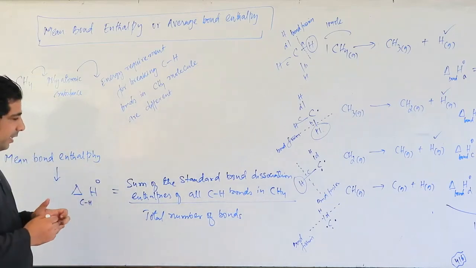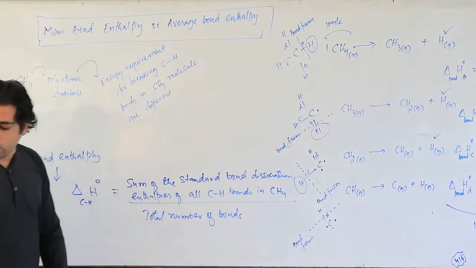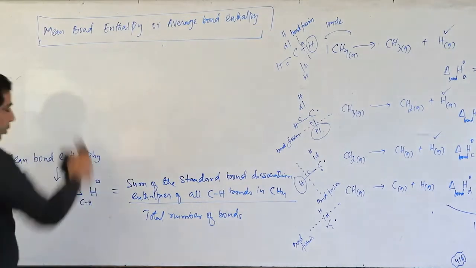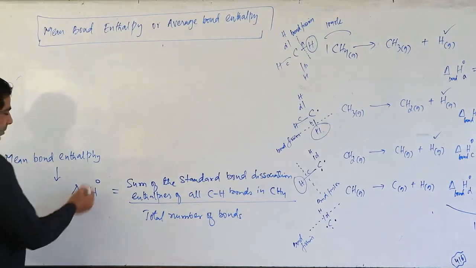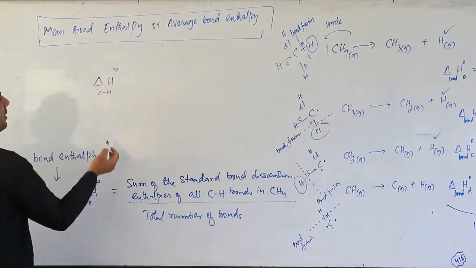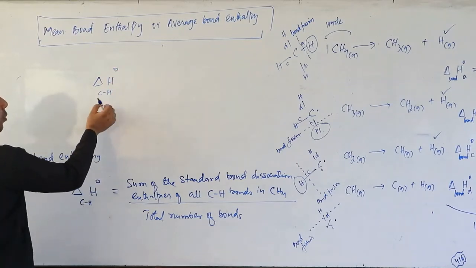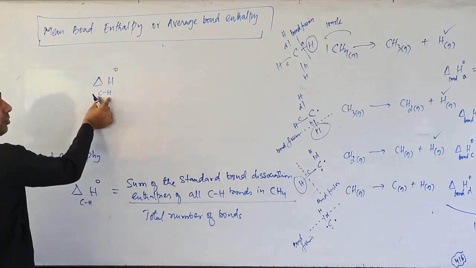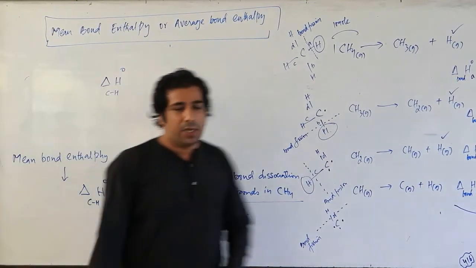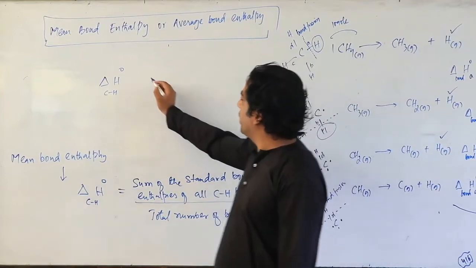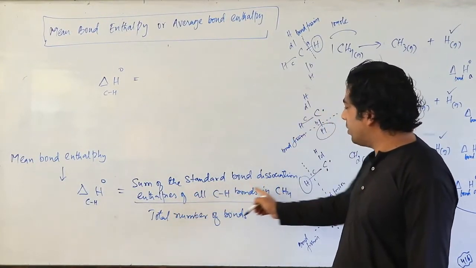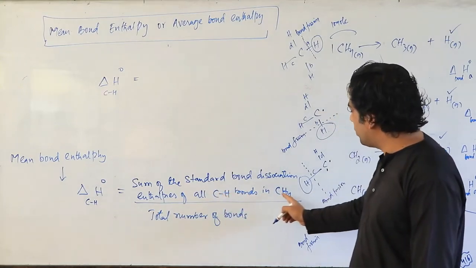I can fill the values into this expression. Have a look. So now I will have delta H C-H. I want to find out the average bond dissociation enthalpy for the C-H bond, or mean bond enthalpy. So it will be equal to the sum of the standard bond dissociation enthalpies of all C-H bonds in CH4.